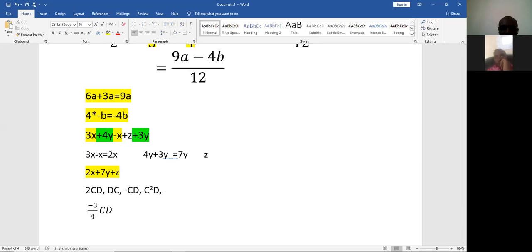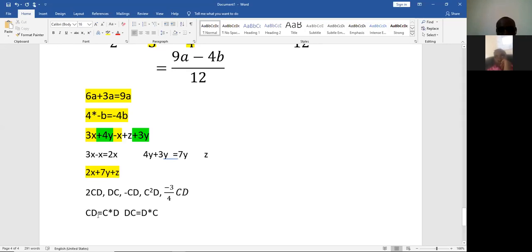CD here means it is C multiplied by D. And there's no difference with the DC. DC also means D multiplied by C. The answer is going to be the same.